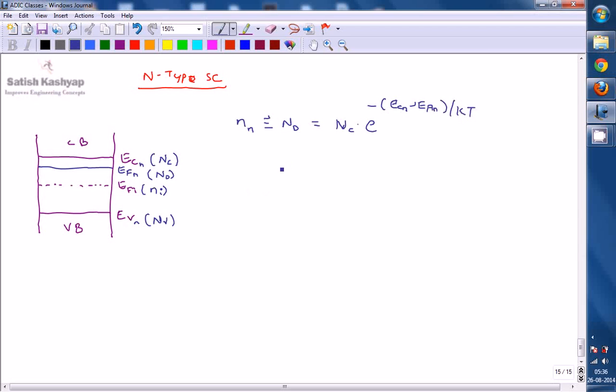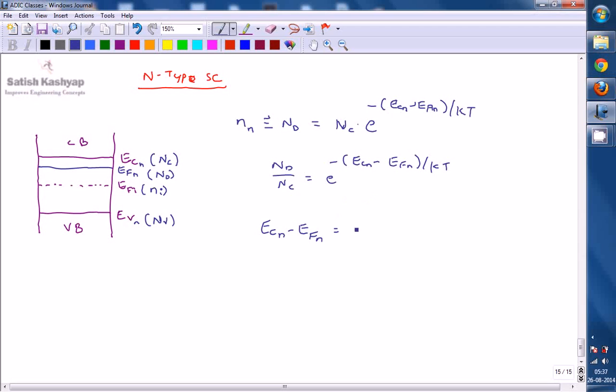So you can write Nd divided by NC is equal to e power minus of (ECN minus EFN) divided by KT. If you simplify, it will become ECN minus EFN. The meaning of ECN minus EFN is the relative distance between the conduction band edge of n-type and the Fermi level of the n-type semiconductor, otherwise the distance of the Fermi level with respect to the conduction band edge.